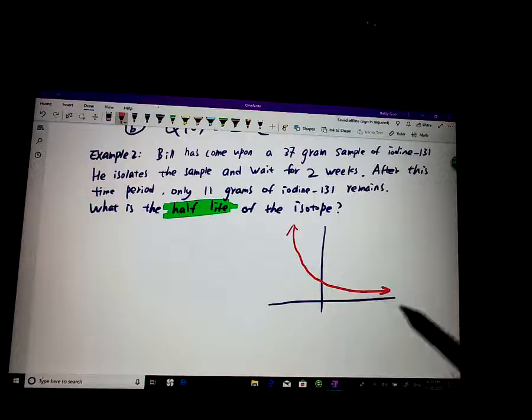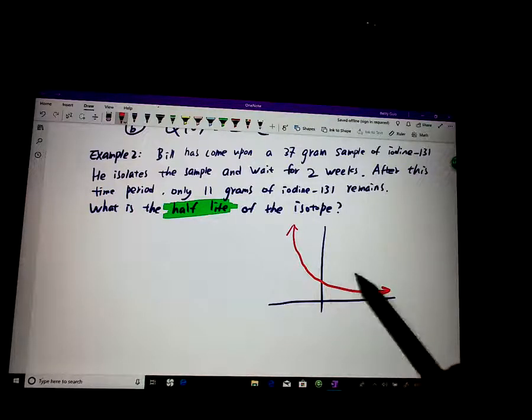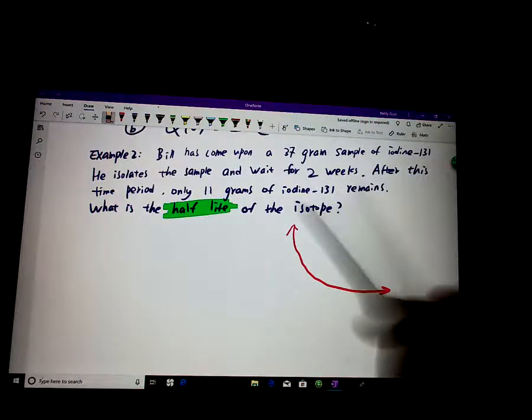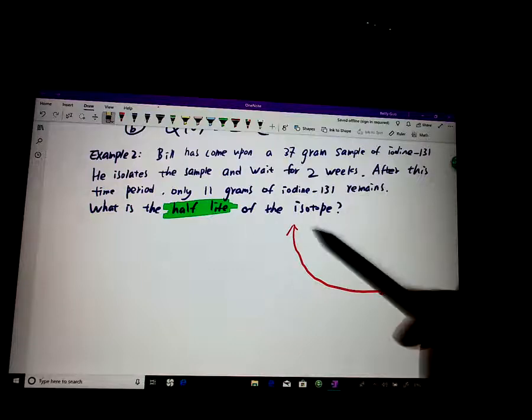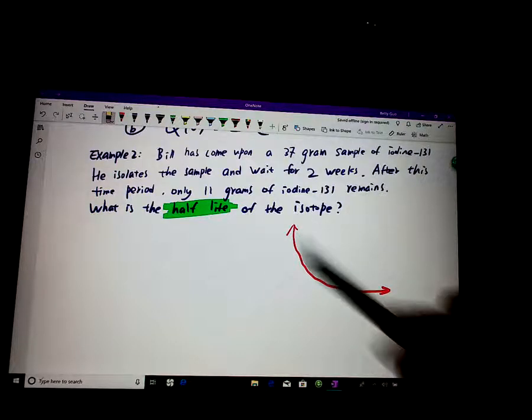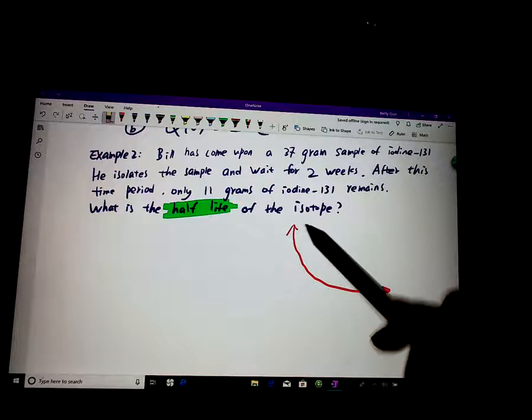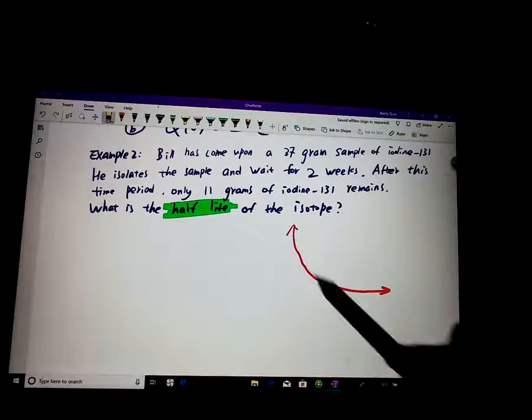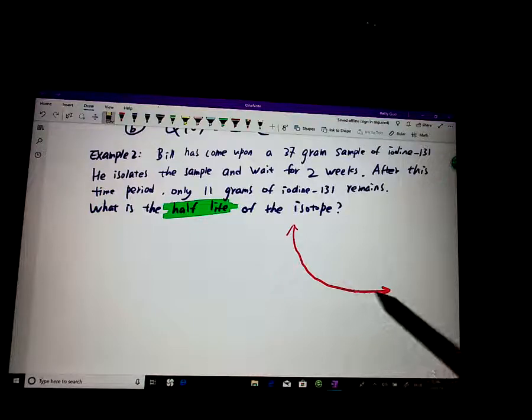Of course, this is not exactly the graph of this function, but the behavior of the decrease is like that. In the beginning, it decreases very fast, and later, it is decreasing very slowly, slower and slower.